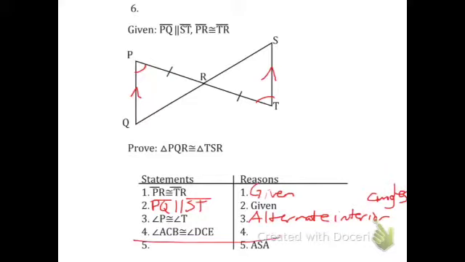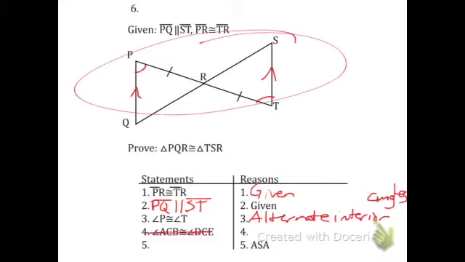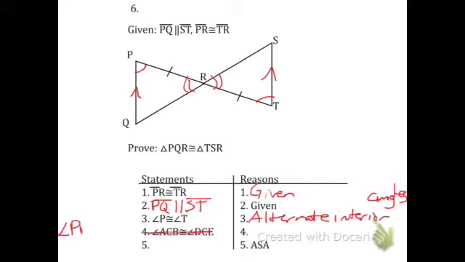Okay, the next statement here is actually not the actual statement because, well, we don't even have A, B, C, or D, or any of that here. They're really talking about these angles right there, and that's angle PRQ is congruent to angle TRS.